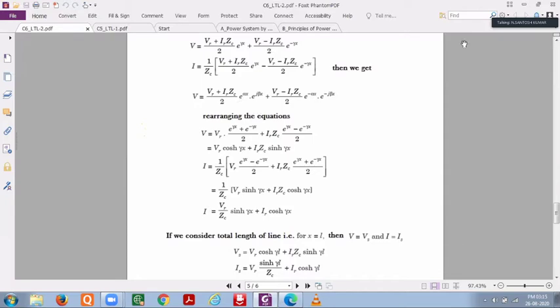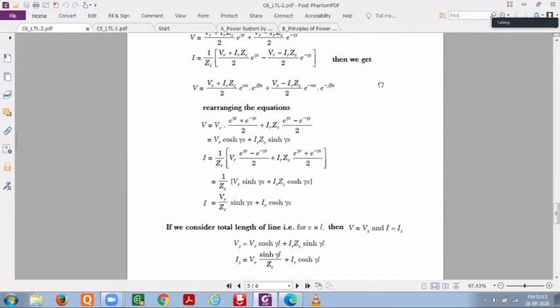I'm writing all the V terms, the receiving voltages, on one side and the receiving currents on the other. The receiving current is multiplied with ZC, but VR is not multiplied with ZC, so VR is a single term and IR is a product with ZC. I'm just rearranging the terms, that's it. When I do that, I get a final equation like this.